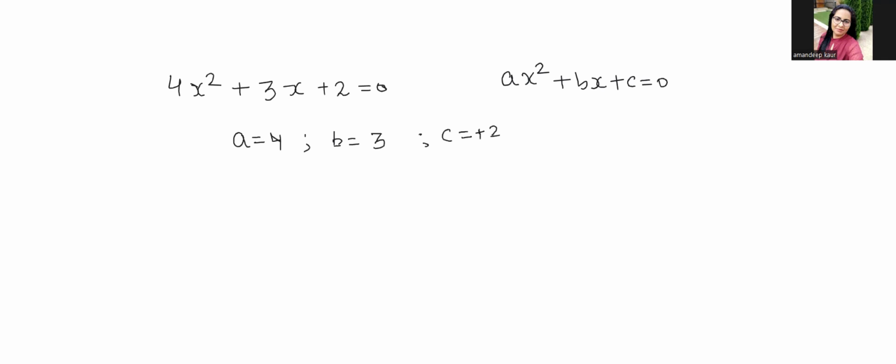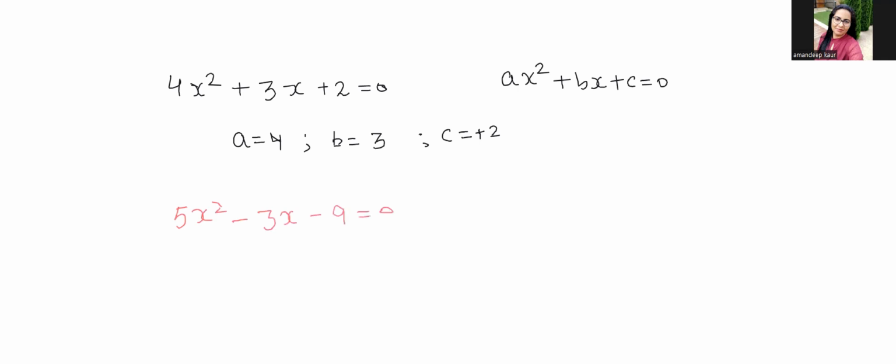Now, one more example of a quadratic equation: 5x square minus 3x minus 9 equal to 0.